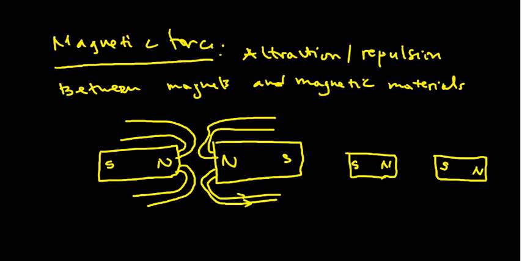The north poles are brought near one another, which means here there will be no attraction, but there will be repulsion. One will repel another, one will push another away, creating this space where there is no magnetic field at all, which is called the neutral point.